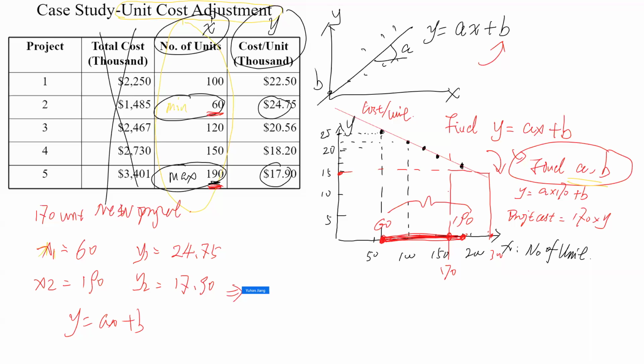We get 24.75 equals a times 16 plus b. Can you follow this one? Because I put the x1 here and the y1 here.